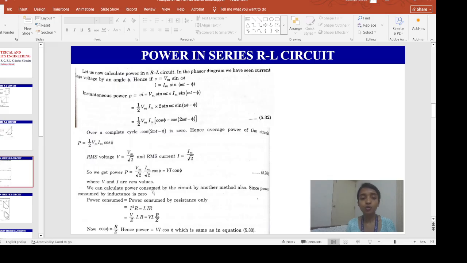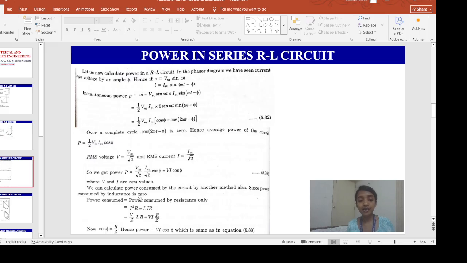Okay. Now we can calculate the power consumed by the circuit by another method also, because the power consumed by the inductance is 0. If you calculate the power consumed by the inductance, you will obtain a term of sine 2 omega t.